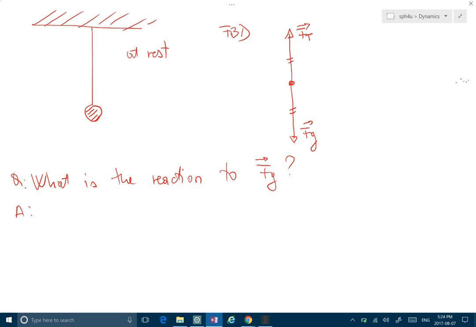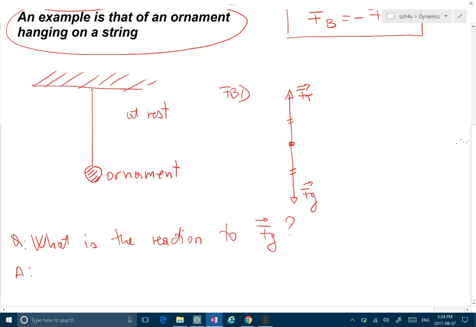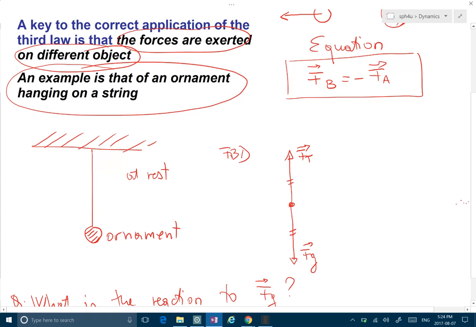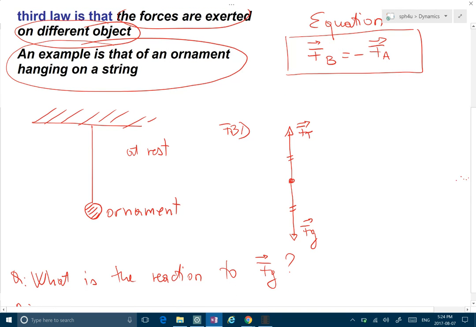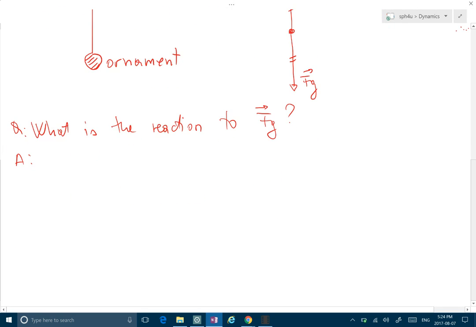Because it satisfies the fact that it is equal in magnitude and it's also opposite direction. However, Ft is acting on the same object, on the ornament, all right? So which means that according to Newton's third law, the reaction force should act on the object that is causing the action, right? So let me explain that.